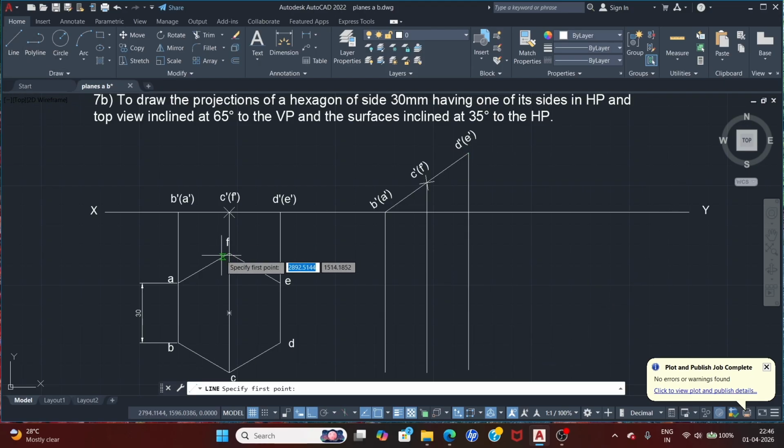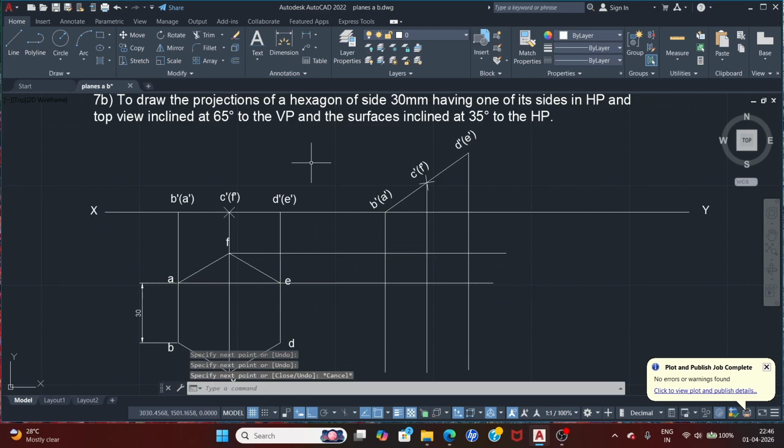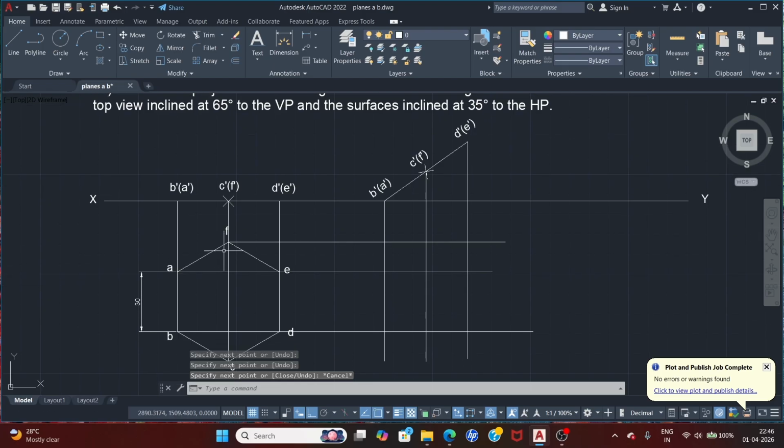And next draw the projection lines like this with respect to A, E and like this, B, D like this, and next C. Suppose if it is not coinciding, use the extend command and draw the extension line. This is the process.